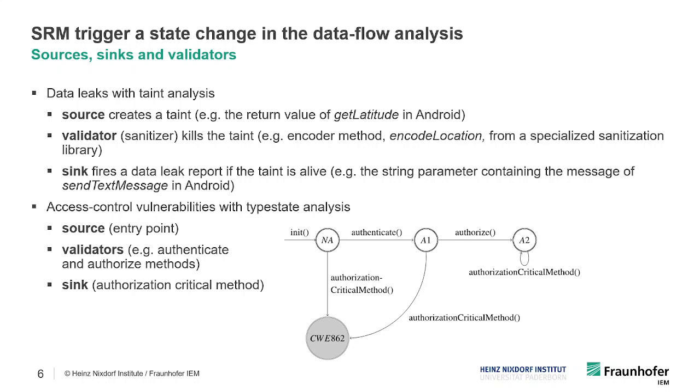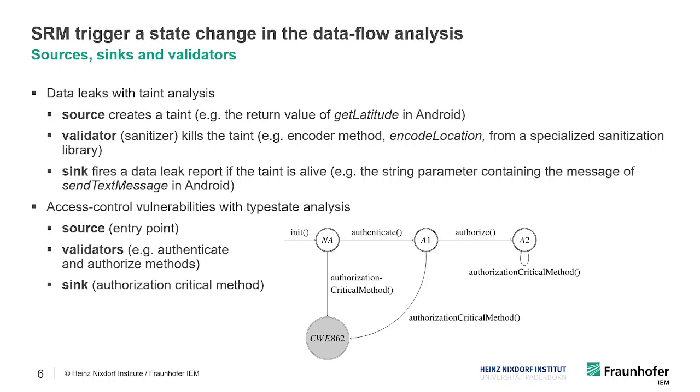So these are methods that will change the state of our state machine. And then we can define the authorization critical methods to be our sinks. In such a model, we can actually apply type state analysis and detect access control vulnerabilities.